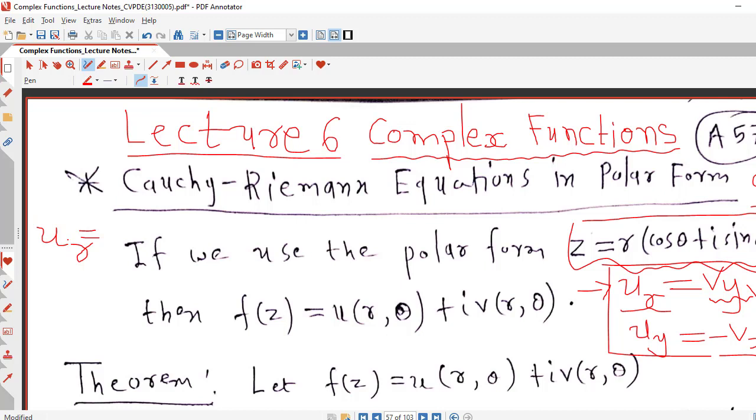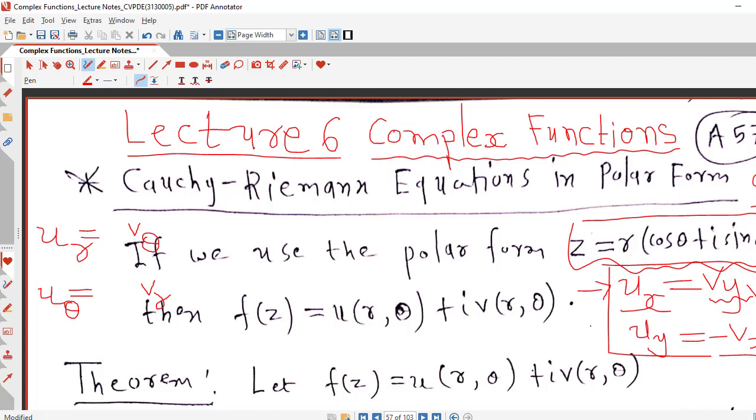Same thing here. If I write the partial derivative of u with respect to r, then here I will write the partial derivative of v with respect to theta. Similarly, if I consider the partial derivative of u with respect to theta, then on the right hand side I will consider the partial derivative of v with respect to r.